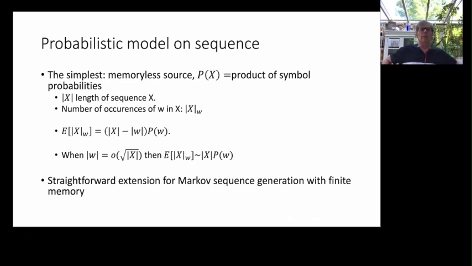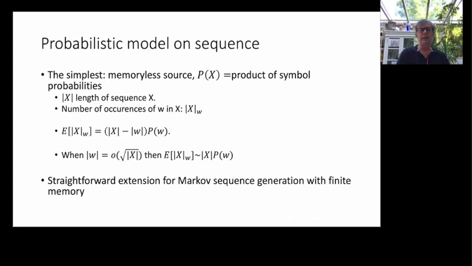Here is some notation: the length of the sequence, and the number of occurrences of W in X. It is relatively easy to get the average number of occurrences of W in X; it is this quantity.